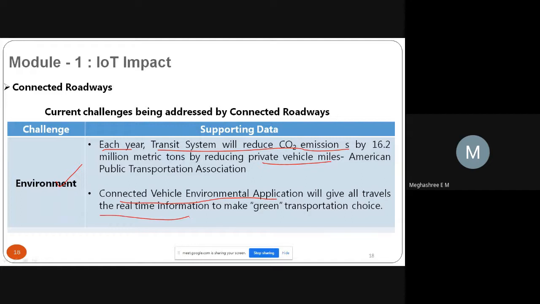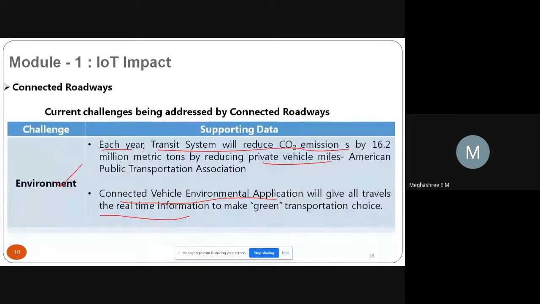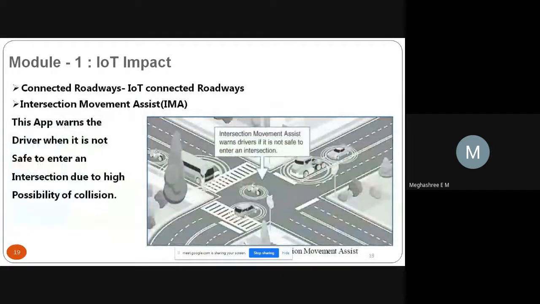Either you can use a bicycle, or you can go carpooling, or you can use public transportation like metro, bus, such things. So this is another challenge addressed by connected roadways, that is environment. This is very important. They'll ask you to discuss the challenges addressed by connected roadways: safety, mobility, and the environment.